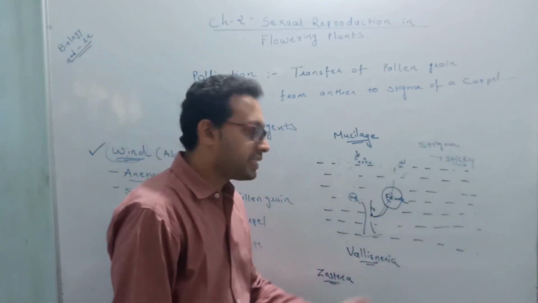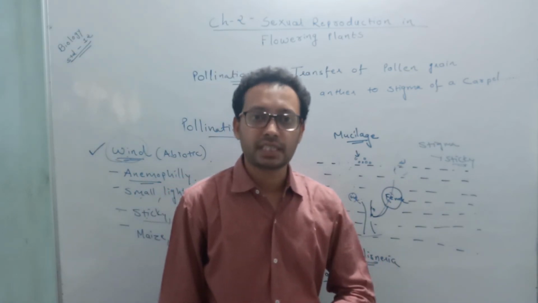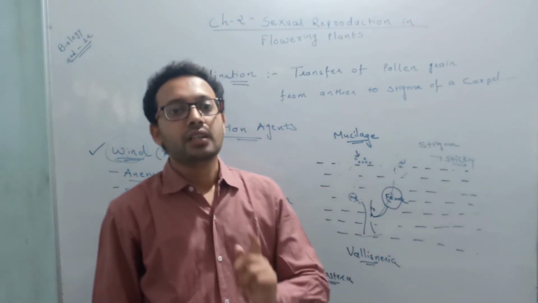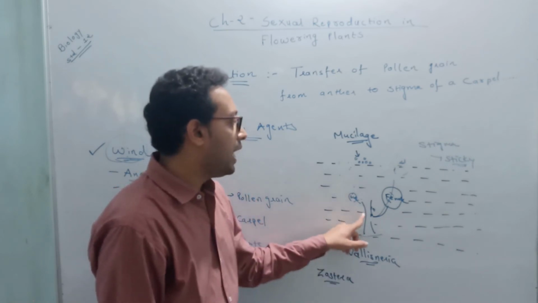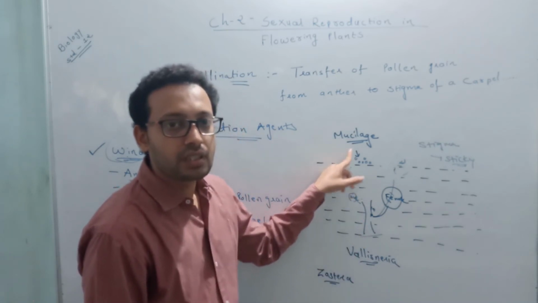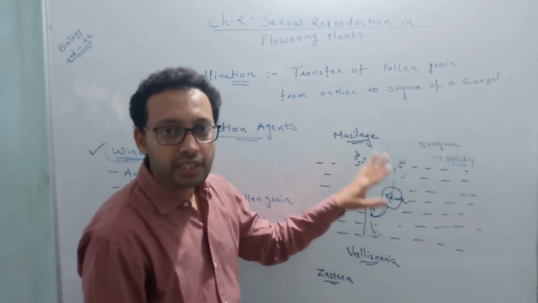The example of Vallisneria is very important, and most of the time they ask you to explain hydrophily with the example of Vallisneria. So you have to show how the male flower comes to the surface and the pollen grain is released.